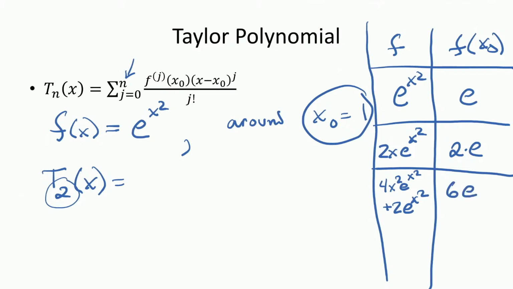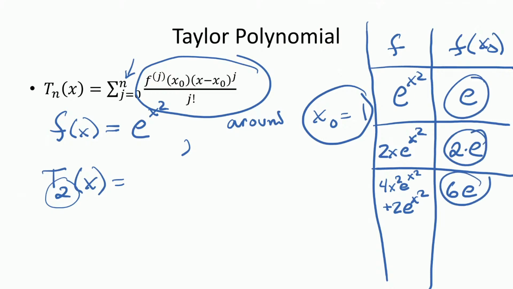Okay, good. So here's the deal. For the second Taylor polynomial, I'm using this formula, but it's really pretty straightforward. You take these as your coefficients: e, 2e, and 6e. But don't forget that you have to multiply by this.